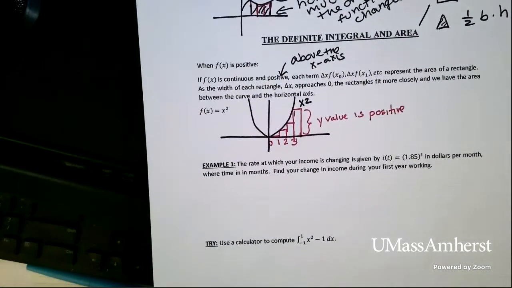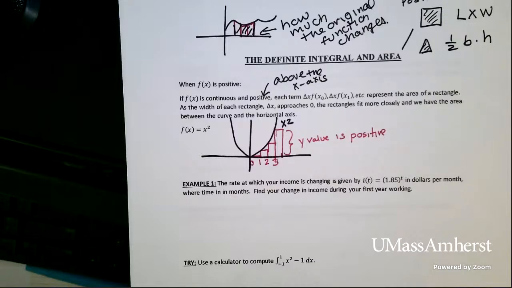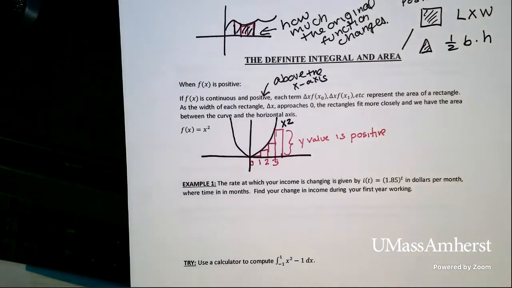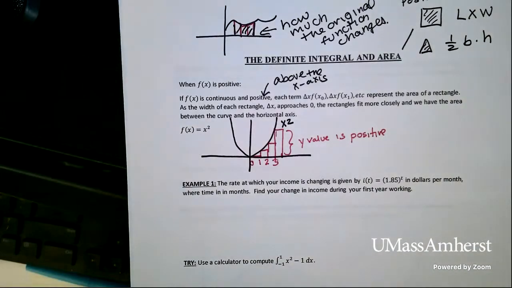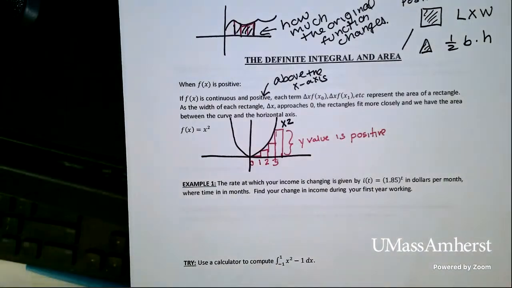So a typical example, like the one we've been looking at, the rate at which your income is changing is given by I of t equals 1.85 to the t in dollars per month, where time is in months. Find your change in income during the first year working, okay?